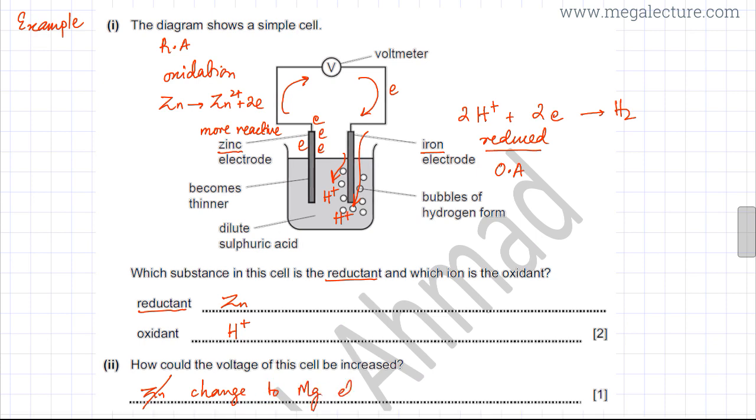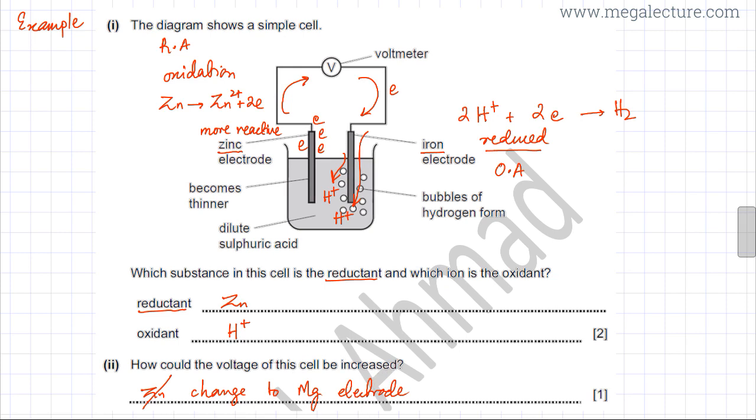Magnesium is even more reactive, so more electrons are going to be produced, and those electrons would travel to the other side and more voltage would be produced.